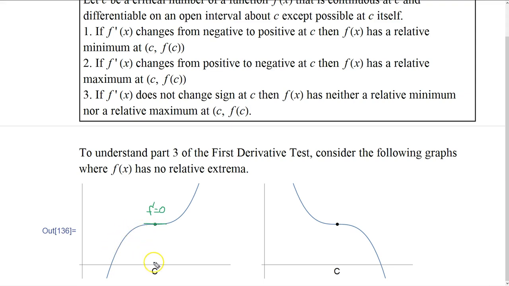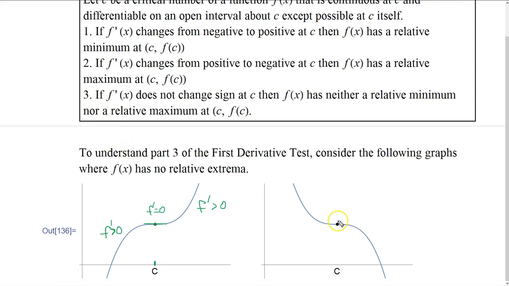Notice also to the left of c our function is increasing, so our derivative is positive to the left of c, and to the right of c our function is still increasing, so our derivative is positive here as well. So notice that as we move across c from the left side to the right side, our derivative does not change sign. So that's what case 3 is talking about.